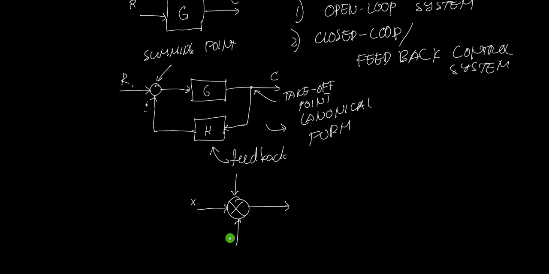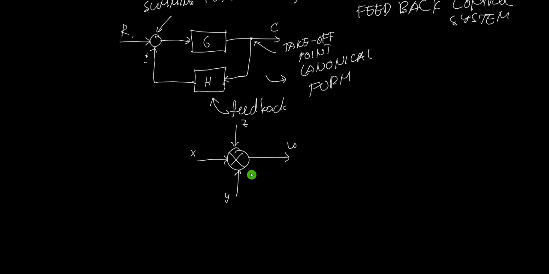Let's say this is X, this is Y, and this is Z, and this is W. If these are all positive, plus, plus, plus, then we can solve for W. W is just equal to X plus Y plus Z. That's why it's called the summing point. If this is minus, then minus Z. This one is also minus. It depends on the sign here. So it's just like KCL.